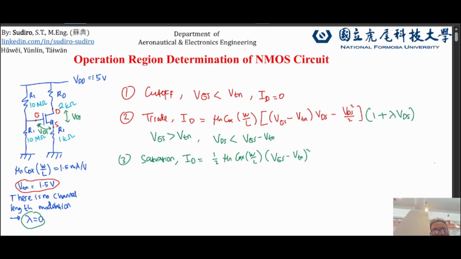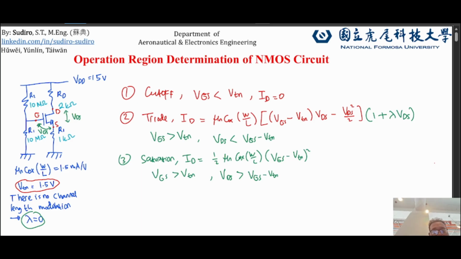The condition of the saturation region occurs when VGS is greater than VTN, while VDS is greater than VGS minus VTN, like this one. Okay, from all of these three regions, we can evaluate the condition of the NMOS in this circuit.